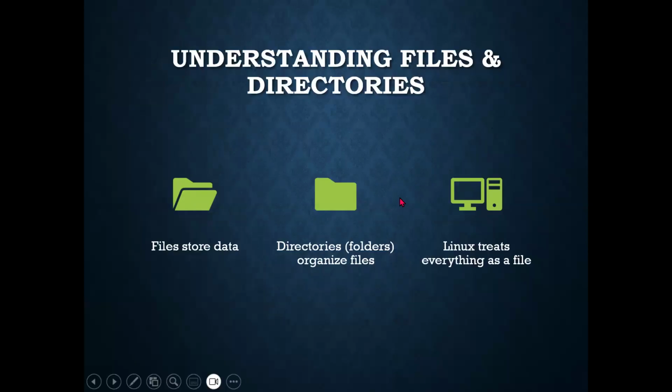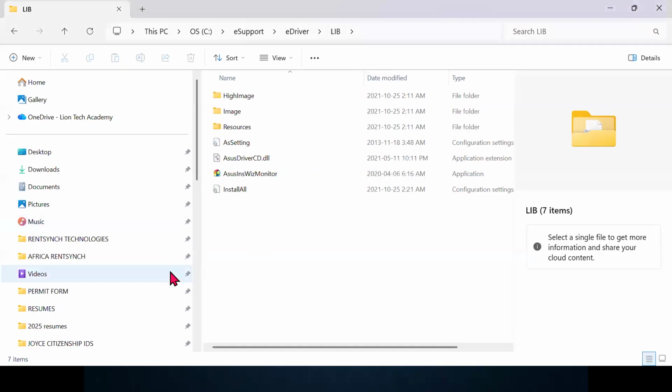So, understanding files and directories. I hope you know. So, like I was explaining, if you look at your Windows operating system, everything there is about files and directories. On the command line, we refer to folders as directories. On your graphical user interface, these are folders. Let me explain this.